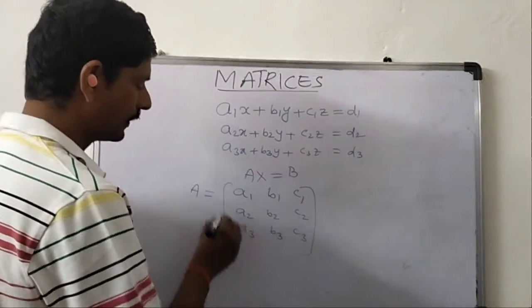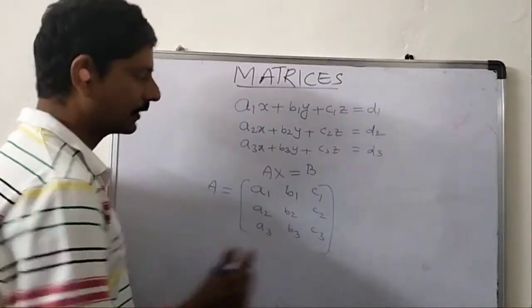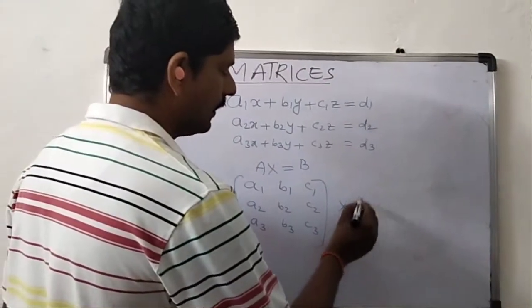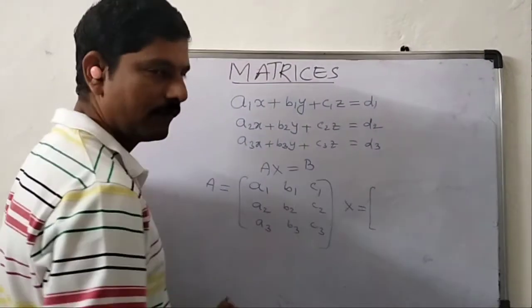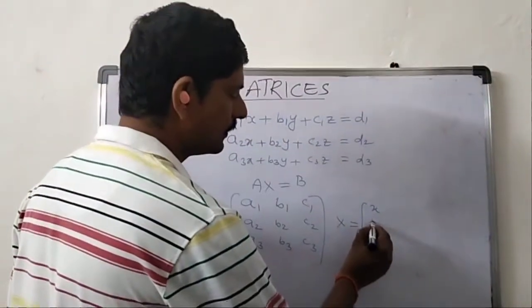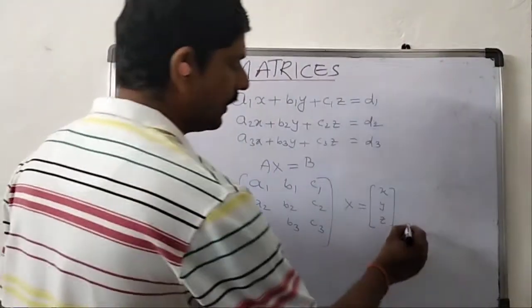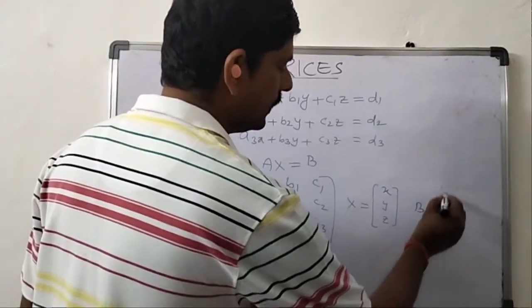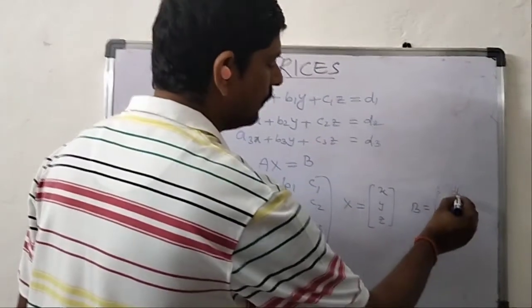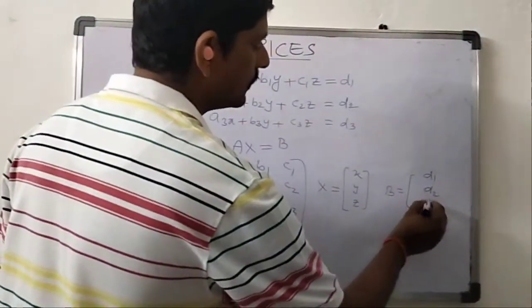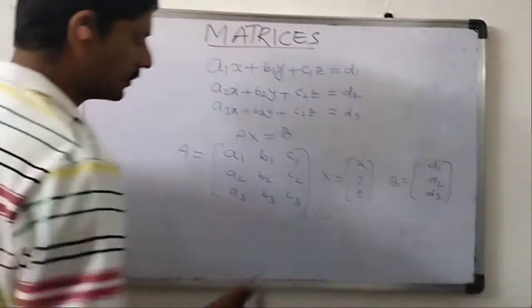Okay, so this is the coefficient matrix, and X is the variable matrix. X, y, z. X is called the variable matrix, and B is called the constant matrix.